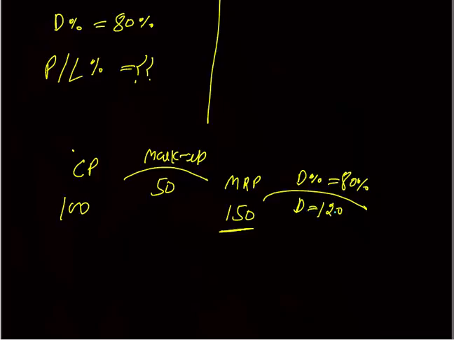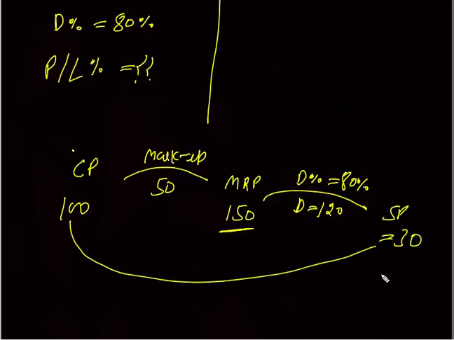So 150 was my MRP. I gave a discount of 120. So I am selling the product at 30. So what is the loss? There is a loss of 70. So loss percent is 70 on 100, that is 70%.